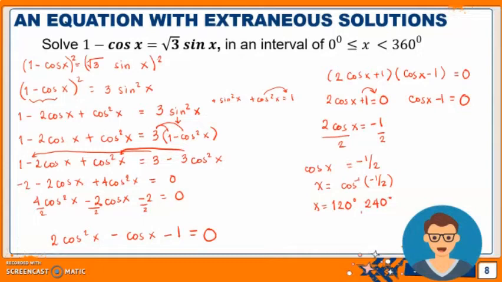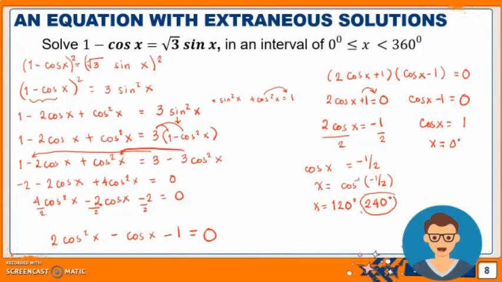And also here, we have cosine x is equal to 1. x is equal to 0 degrees. The apparent solution, x is equal to 240 degrees, does not check in the original equation.